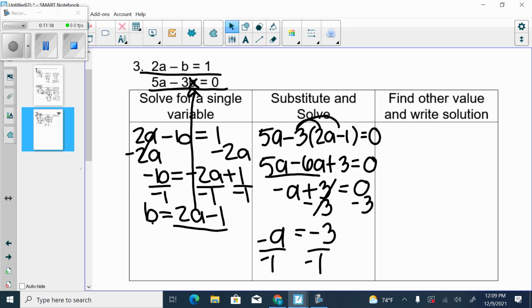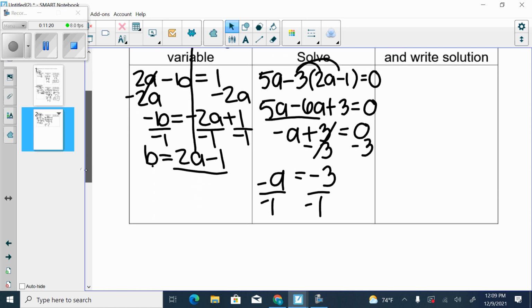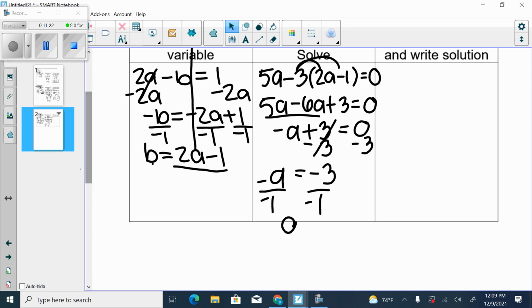Okay, so we end up with a equals. Okay, so now that I know that a is 3, how can I find b?